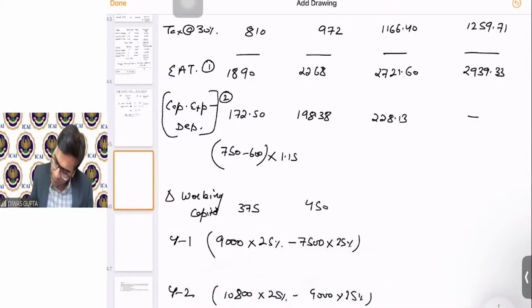This is actually 450, so this is year one, this is year two.